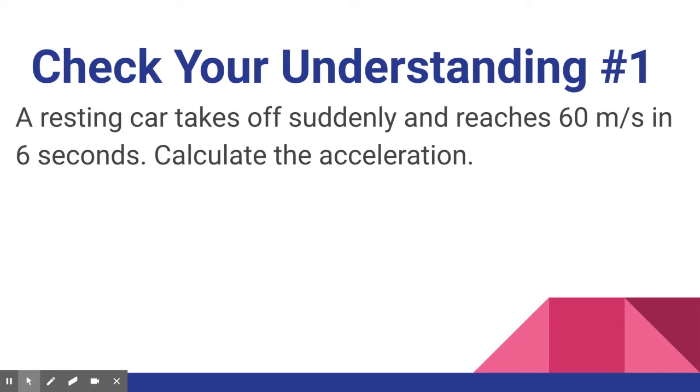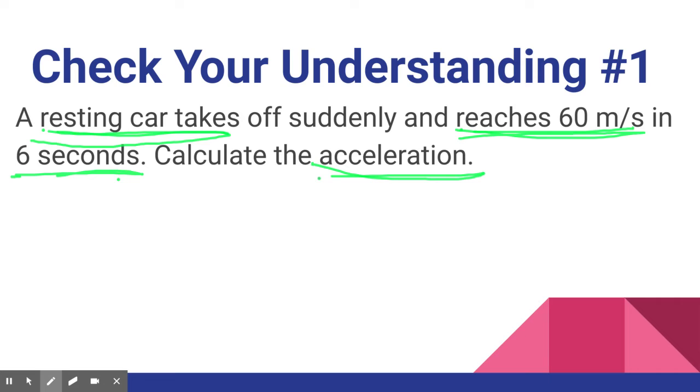Okay, so here's what we should have done. Again, we should be writing down what we know and what we don't know. A resting car takes off suddenly and reaches this velocity in 6 seconds, and I'm told to calculate acceleration. So this tells me that initially, this car being at rest had an initial velocity of 0 meters per second, and it reaches 60 meters per second.